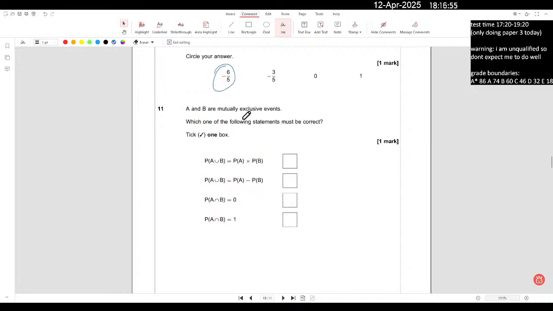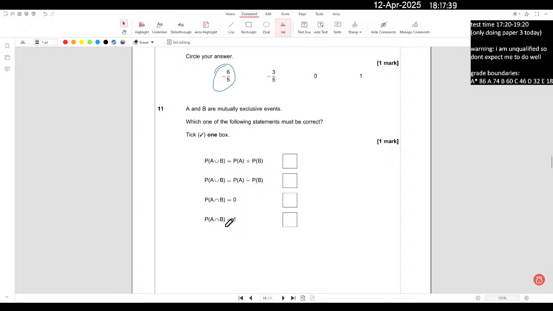A and B are mutually exclusive events. Which one of the following statements must be correct? I don't know what that means. I forgot what a mutually exclusive event means. What is mutually exclusive again?